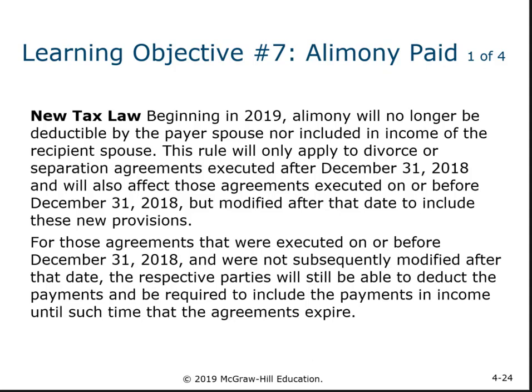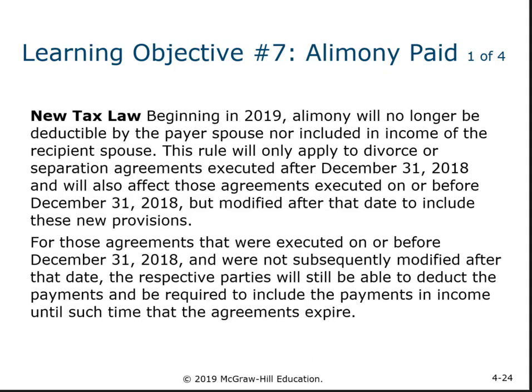Because they usually stay in place for a long time, and they haven't been modified substantially, okay? Then it's treated the old way with alimony, and the one that pays it gets to take a deduction for AGI, and the one that receives it includes the alimony as income.